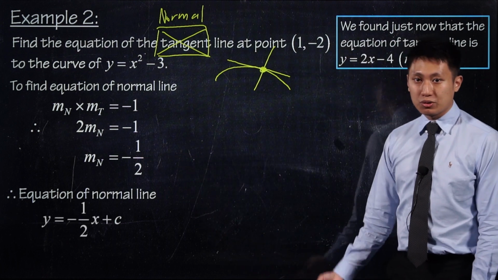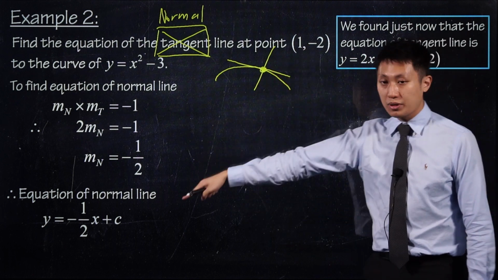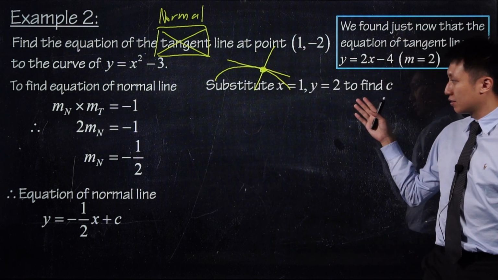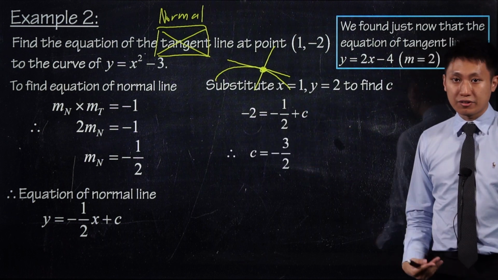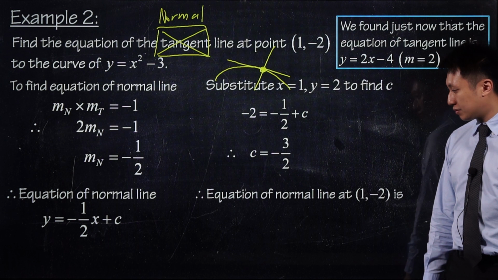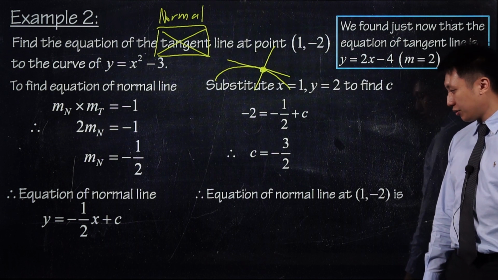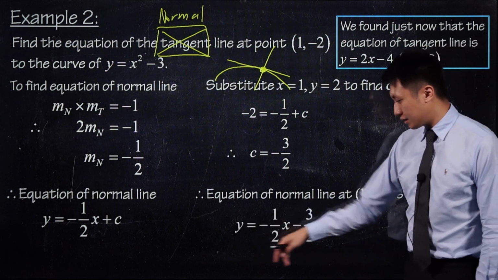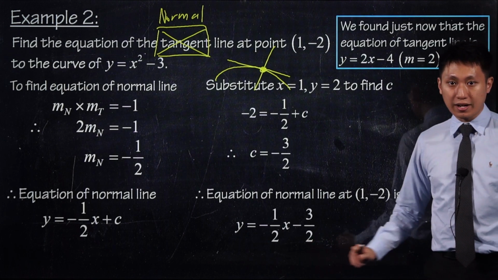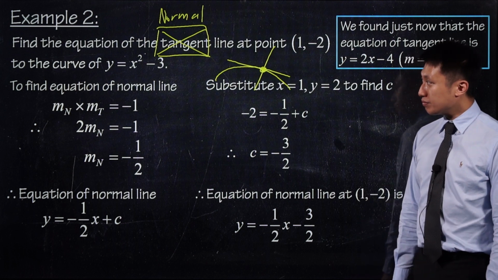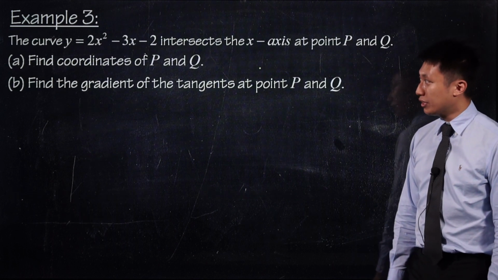To find c, you sub this point into that, and you get c is equal to -3/2. Okay, the equation of the normal line at (1, -2) is this thing. No problem. Let's move on.